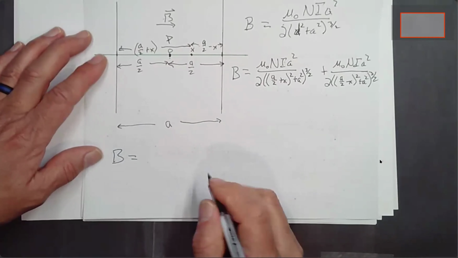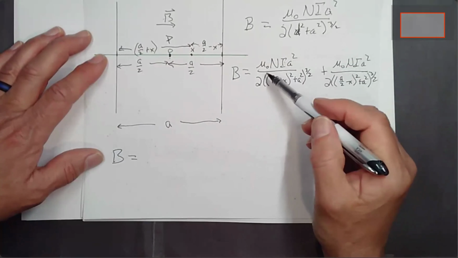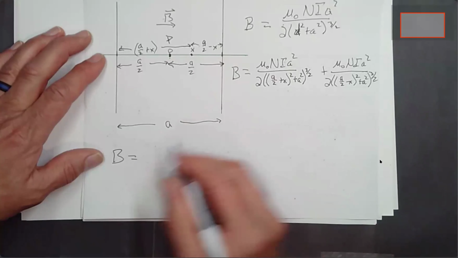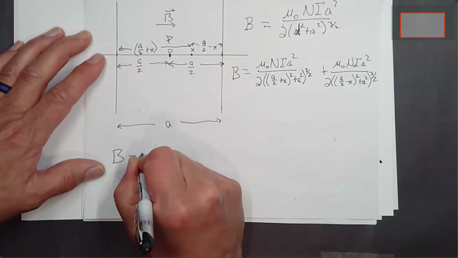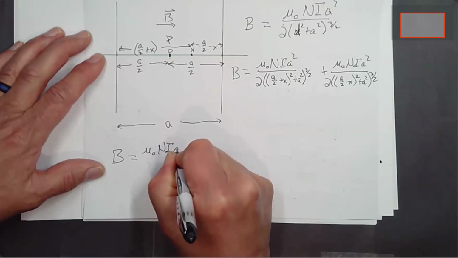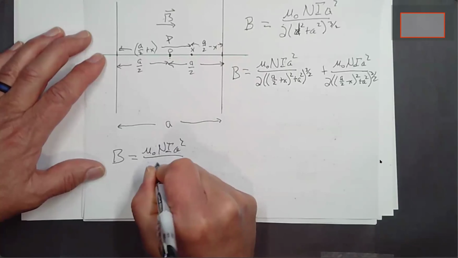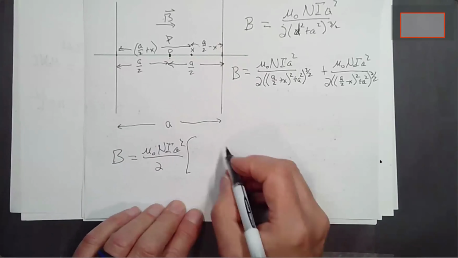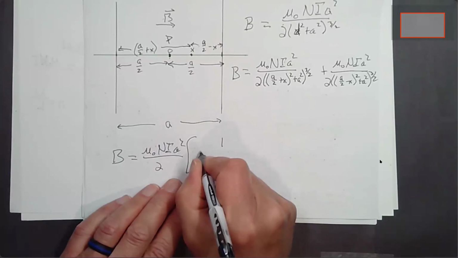But for B, I can factor, I've got common stuff. Mu naught N I A squared over 2 is common to both terms. So I'll just pull that out. And then what I'll have left inside parentheses is something that looks like this.